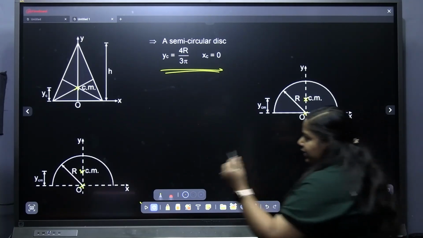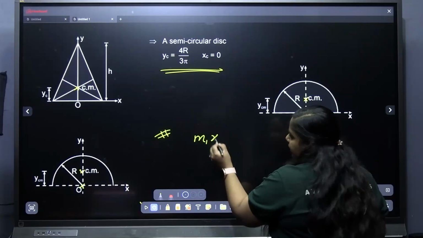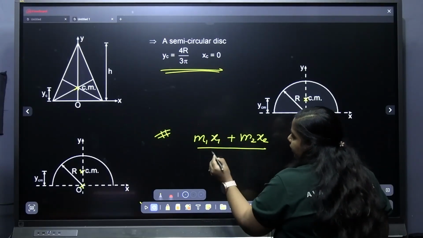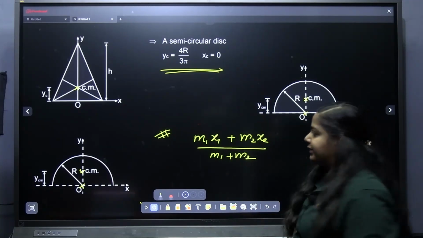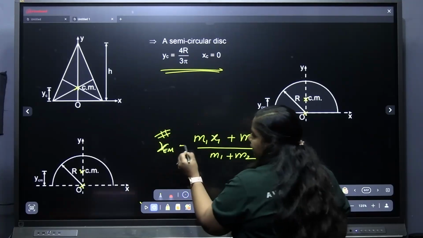Now as a general point, remember this. Our equation is (m1 x1 + m2 x2) divided by (m1 + m2), right? That is RCM or XCM.